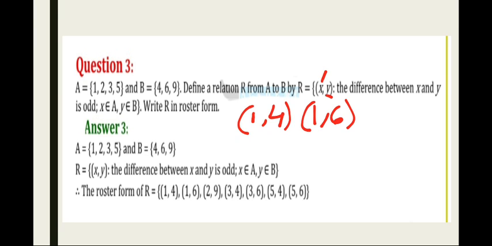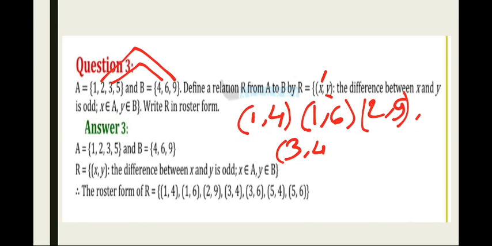Okay, you cannot take 1, 9 because both of them are odd. Now, you can take 2, 9 because the difference between 2 and 9 is 7, which is an odd number. Now, you can take 3, 4. Right here 3, 4, the difference will be 1.